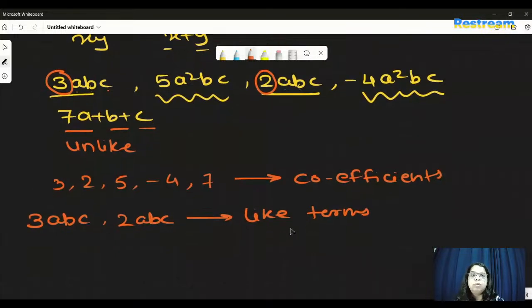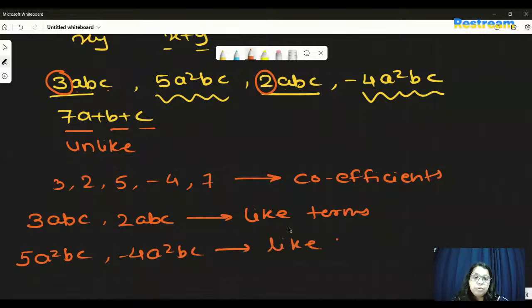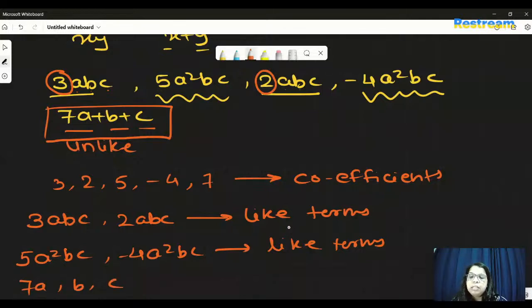Now 5A²BC and -4A²BC are also like terms. But in this case, 7A, B and C are unlike terms.